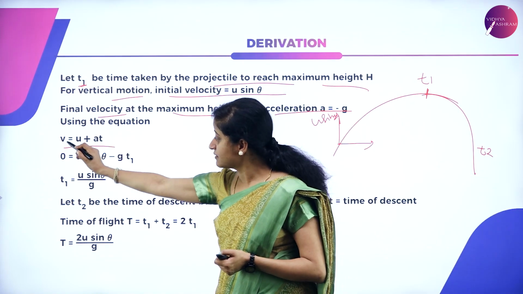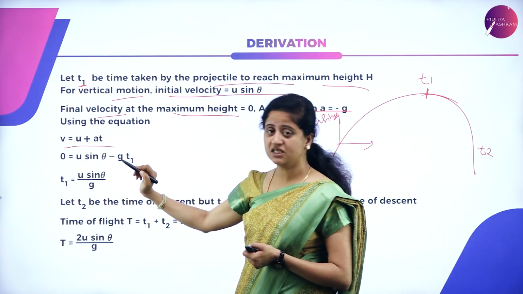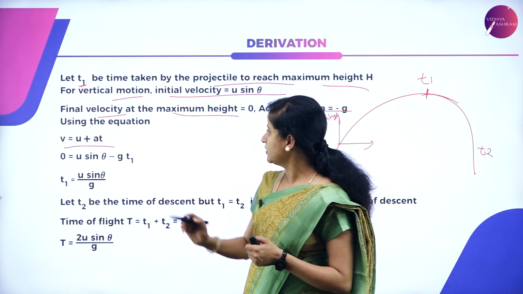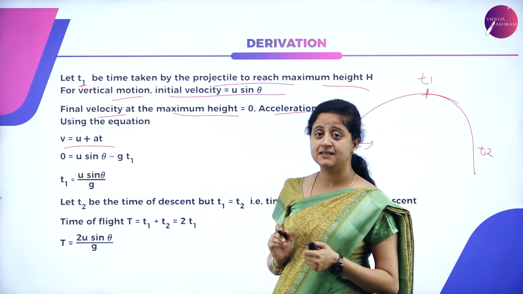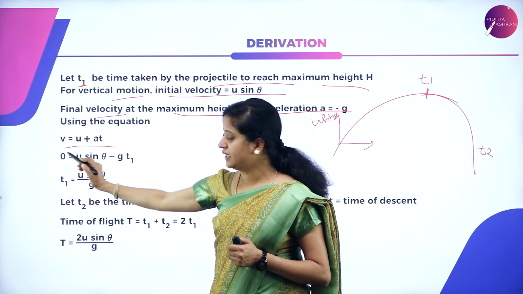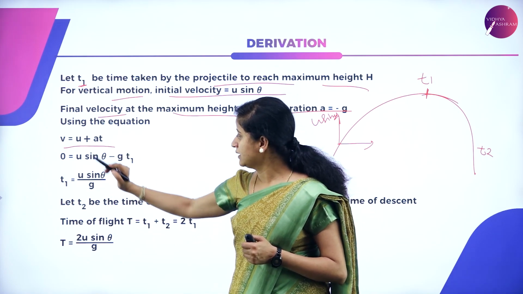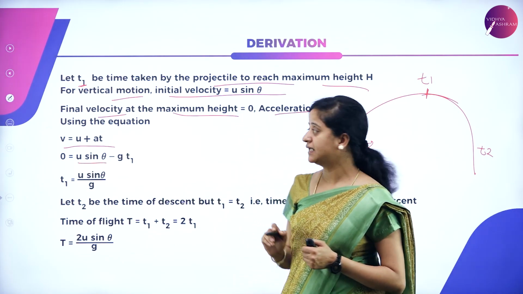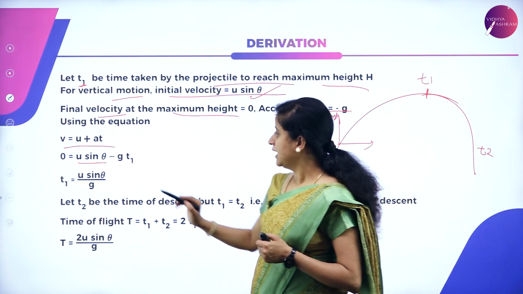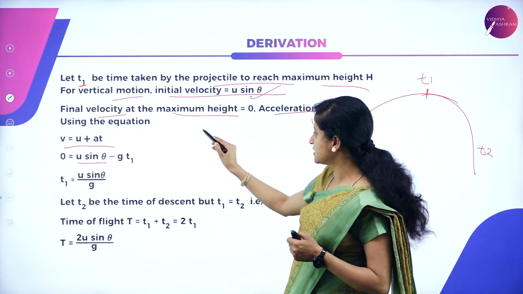Now, where v is the final velocity, u is the initial velocity, a is acceleration and t is the time. As we know, the final velocity is 0 at maximum height. So, we substitute v is equal to 0, and u is nothing but the initial velocity, given by u sin theta for the projectile motion, and a is nothing but acceleration.